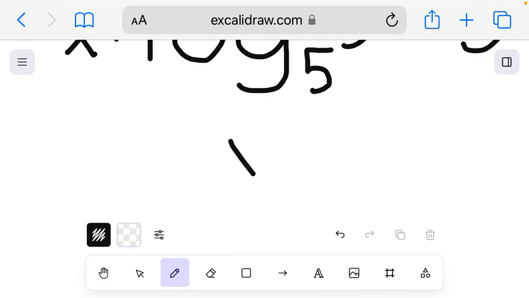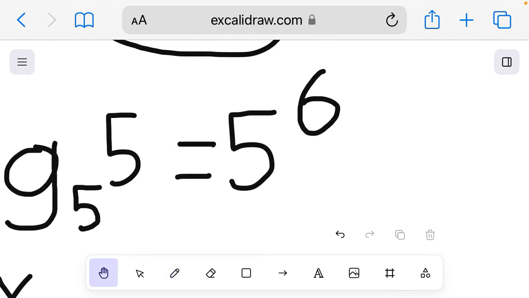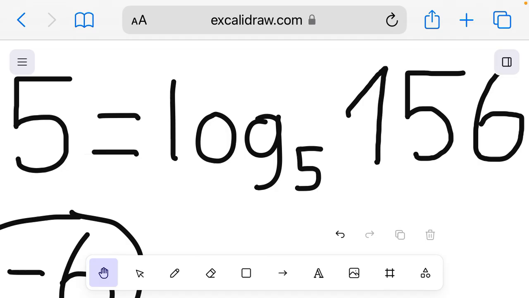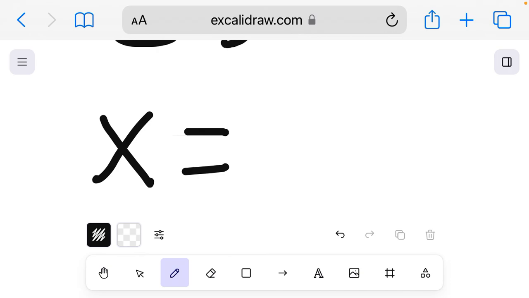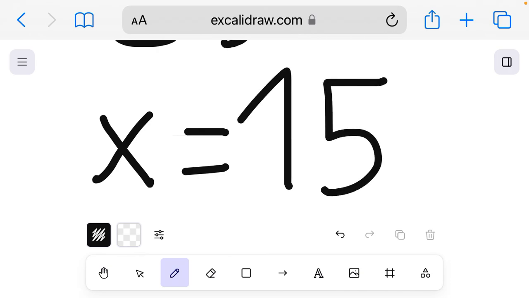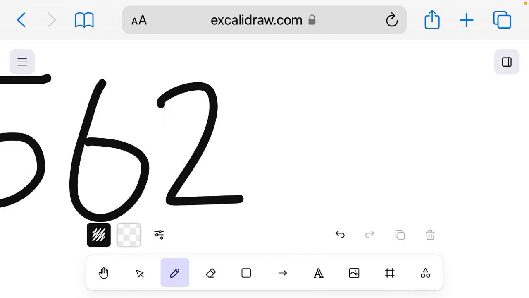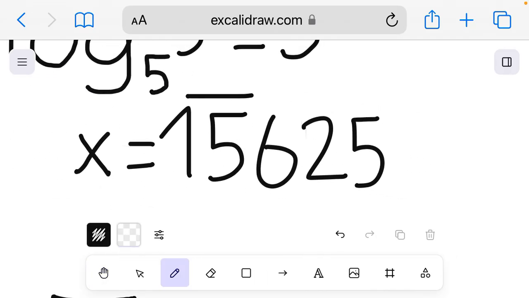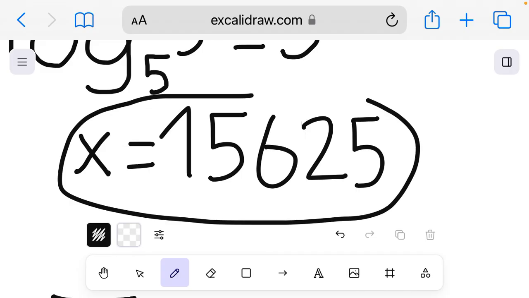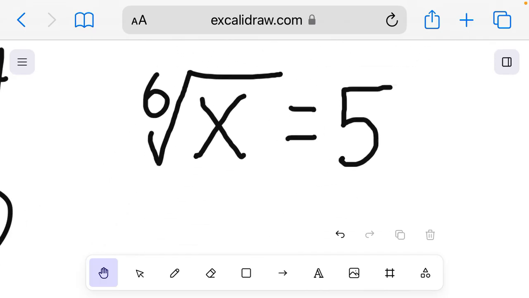So we have x all by itself. And then we have 5 to the 6th power, which is 15,625. So yeah, that's the answer to the second problem of the second set. x equals 15,625. Now on to the final problem.